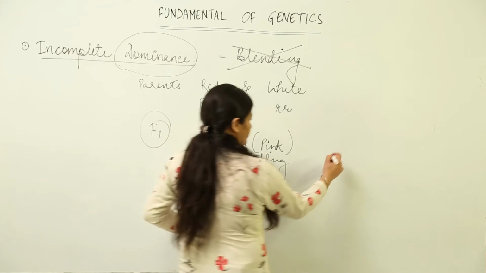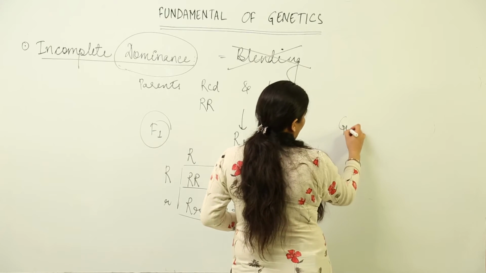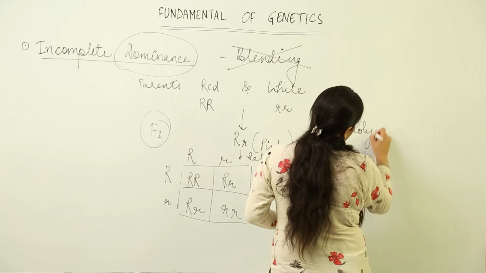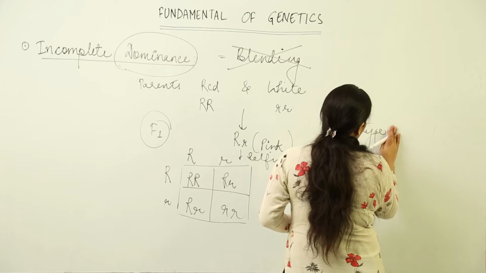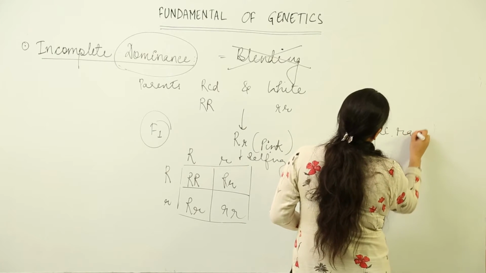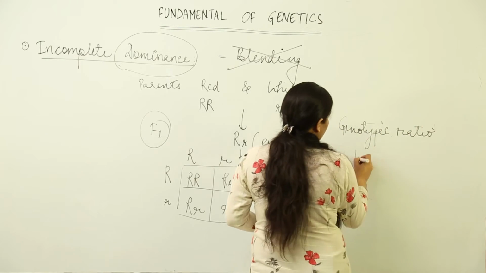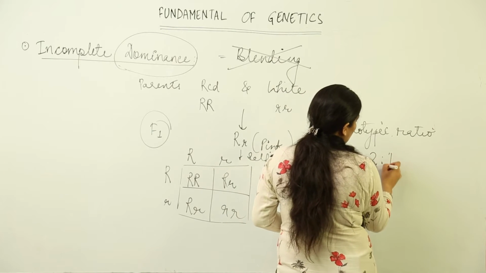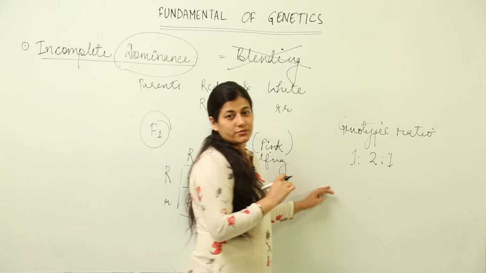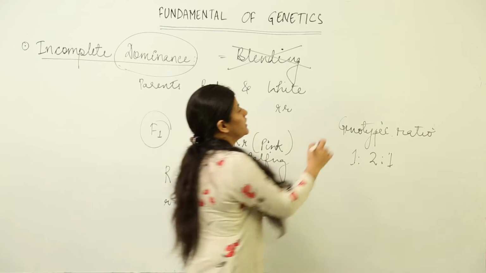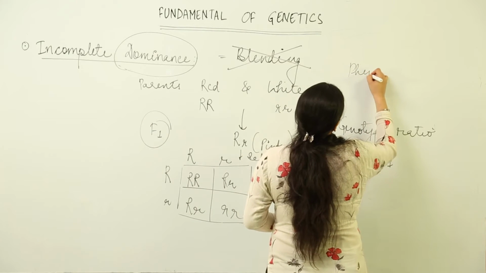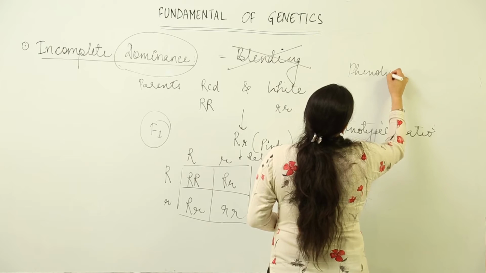We get the same genotype. So the genotypic ratio that we have is 1:2:1, similar to the crosses that we did earlier. But here the phenotypic ratio is different.